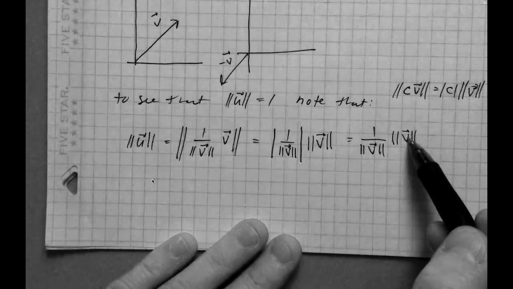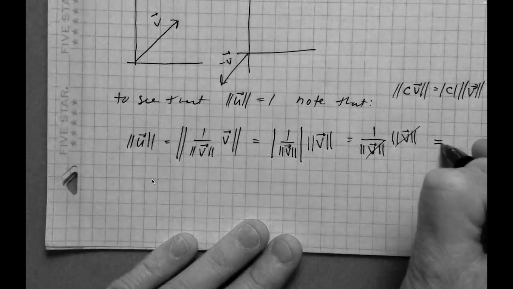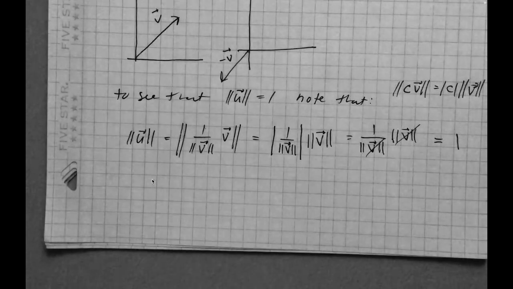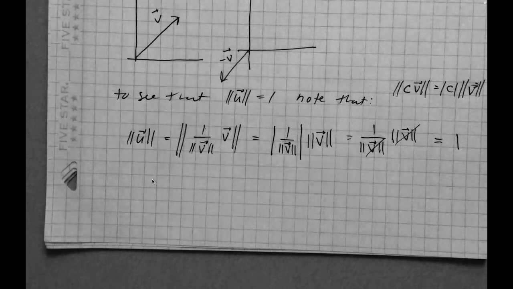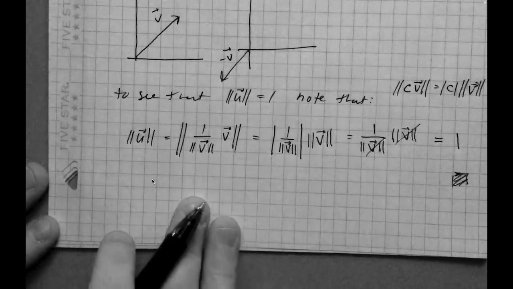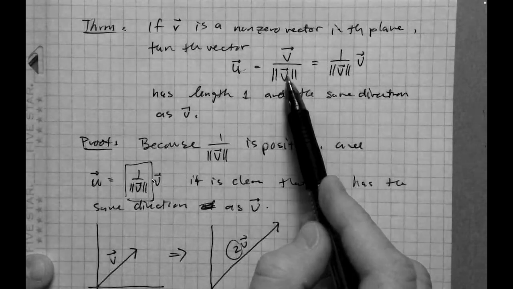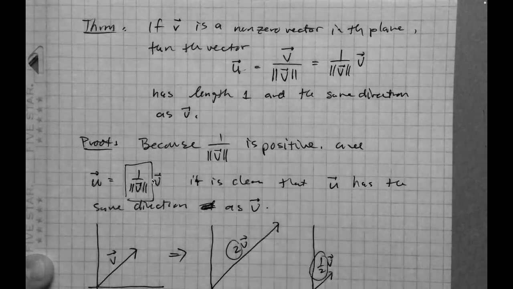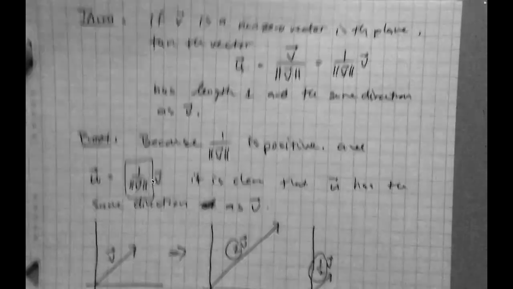This is the same number, so you can cancel, and you can see that the magnitude is 1. That's a nice little proof that u defined like this has unit length, is a unit vector. Excellent.